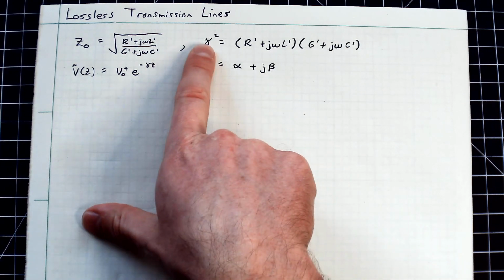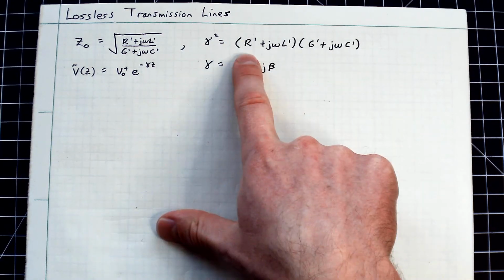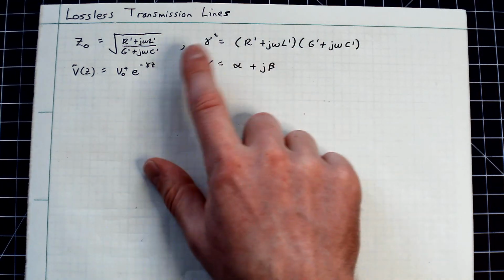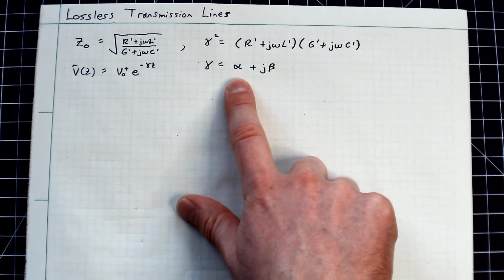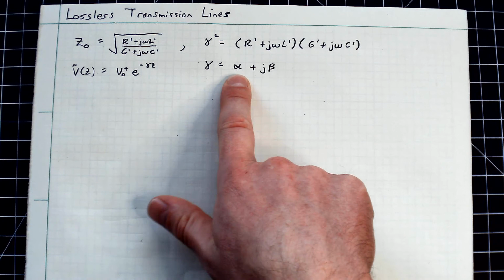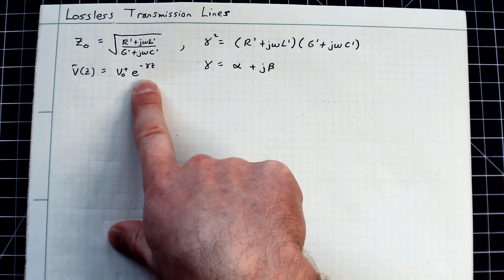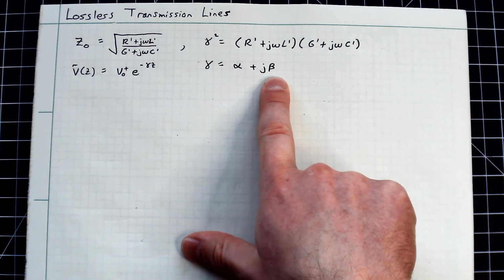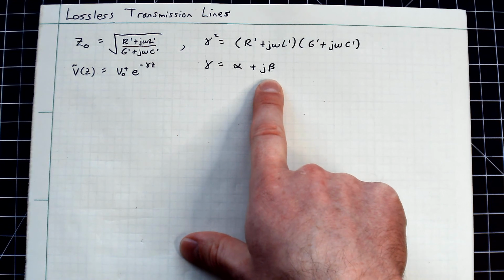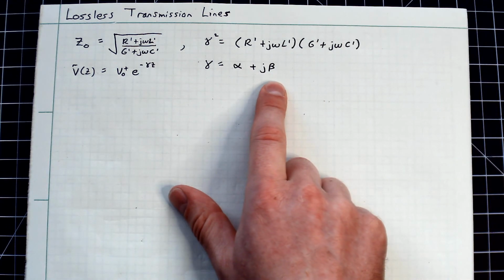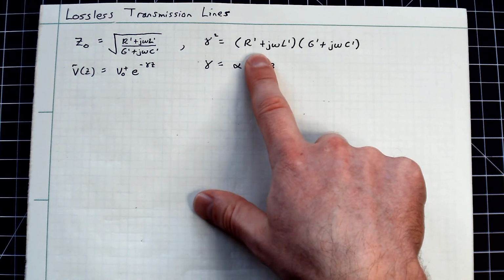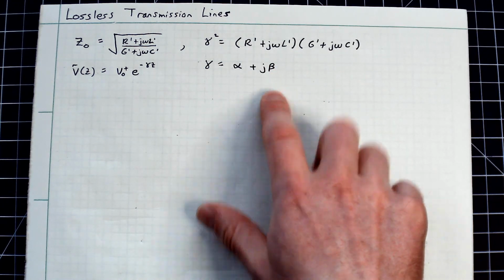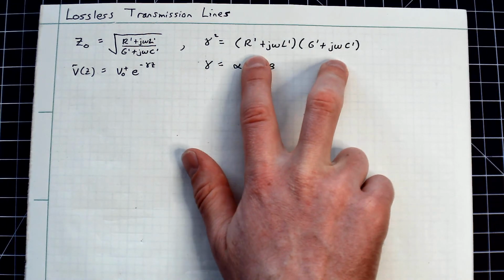More generally, you have a propagation constant, which can encompass both attenuation and phase, but when you break it down into its real and imaginary bits, you get this real value, which turns into a real attenuation. And over here, you get this j term, which represents a sinusoidal phase constant.